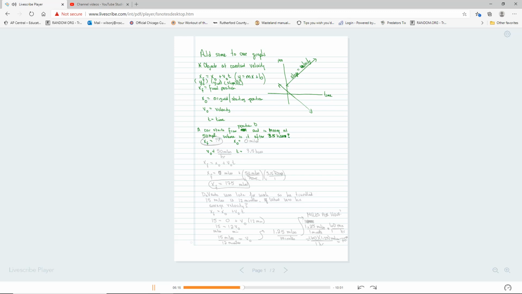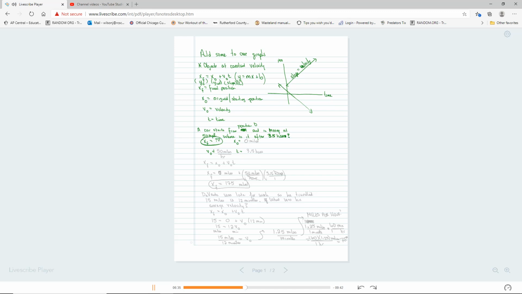What am I supposed to find? Which one of the letters goes with the thing I'm supposed to find? I'm supposed to find where the car is after 3.5 hours. So that's going to be our X final. So this is the one we're looking for.